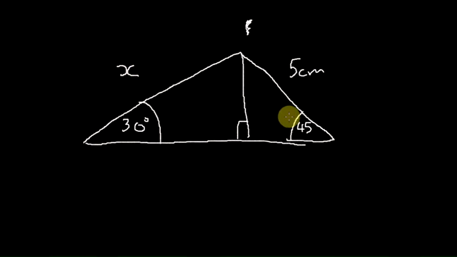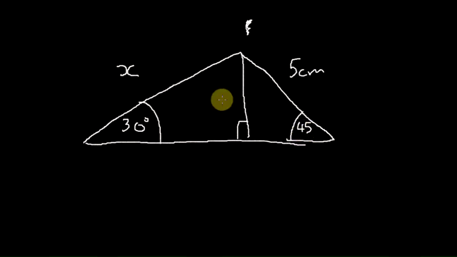So we need this length really, and then we can find what x is, I would say, just looking at it for the first time. So maybe if we use this angle and this length, we can find this length here, and then try and go from there. So let's give that a go.